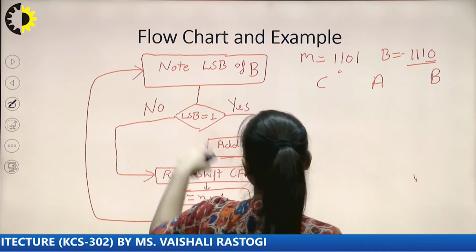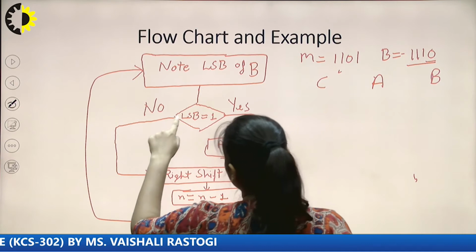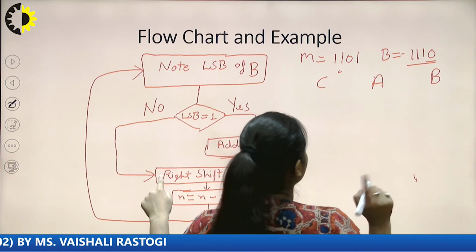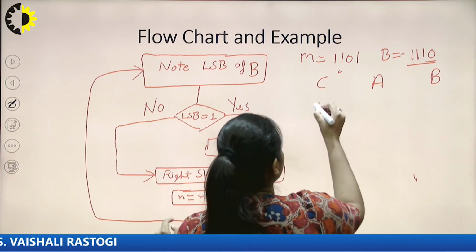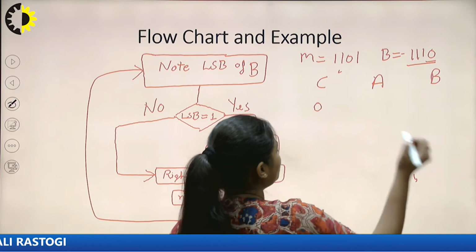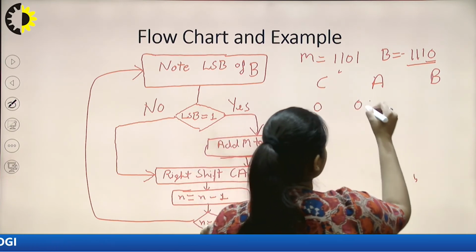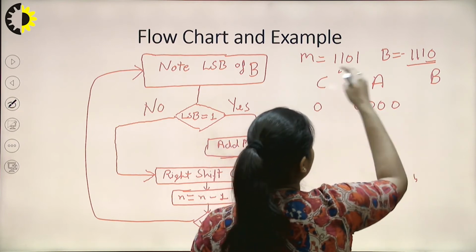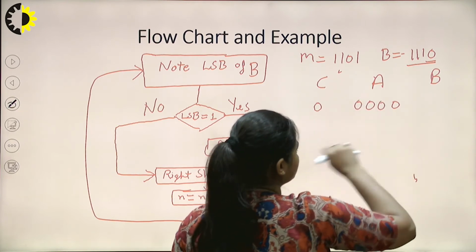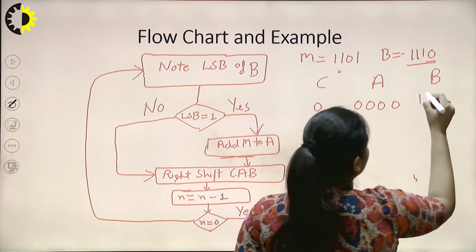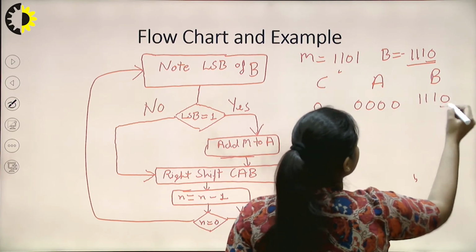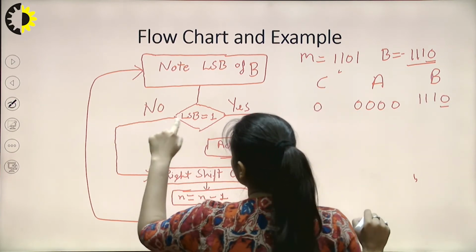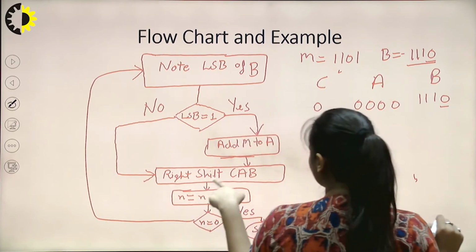Initially, the value of C would be 0 and the value of accumulator would be 0000. Why 4 bits? Because we are having the multiplicand and the multiplier in 4 digits. And the value of B we will write here. The LSB is 0, so we will do the right shift CAB.